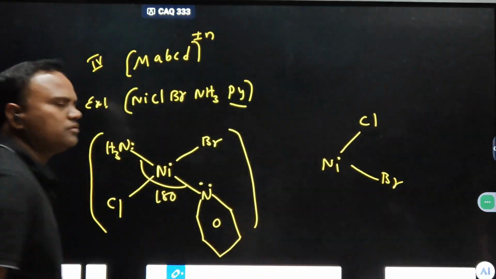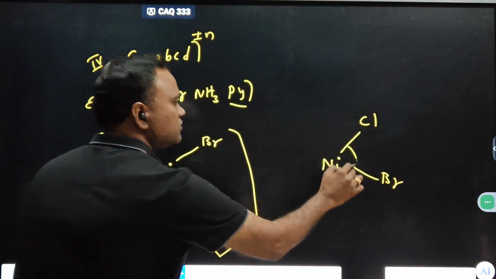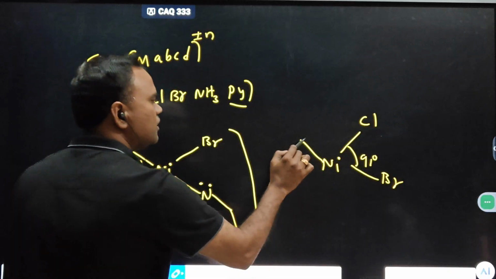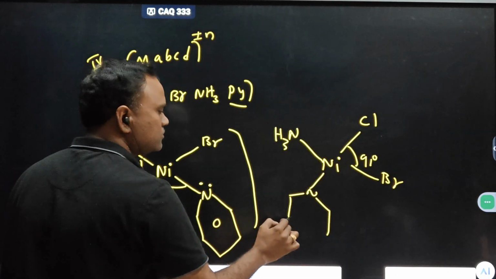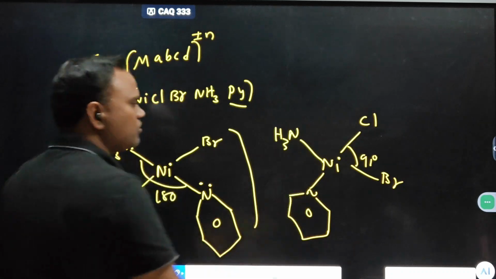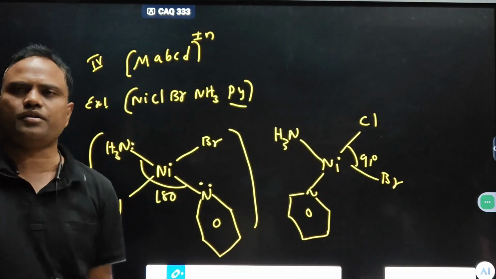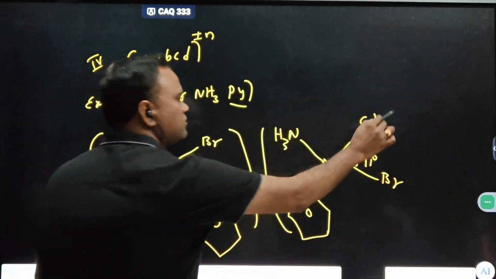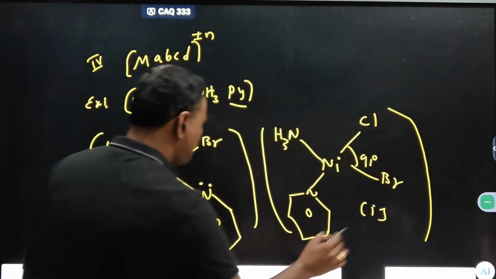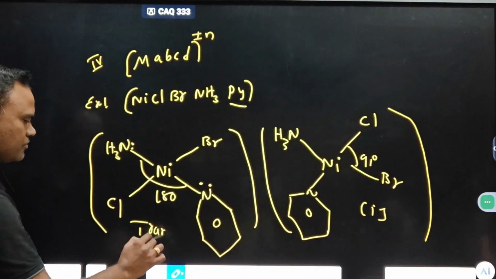Halogens are arranged at 90 degrees. With respect to donor atoms, two similar donors, nitrogen donor here and nitrogen donor here, are arranged at 90 degrees. So this is cis and that is trans.